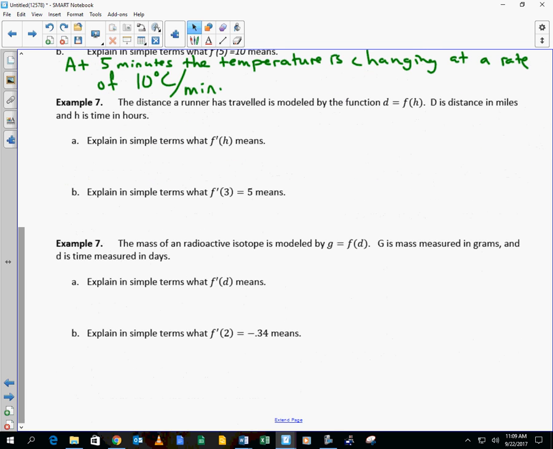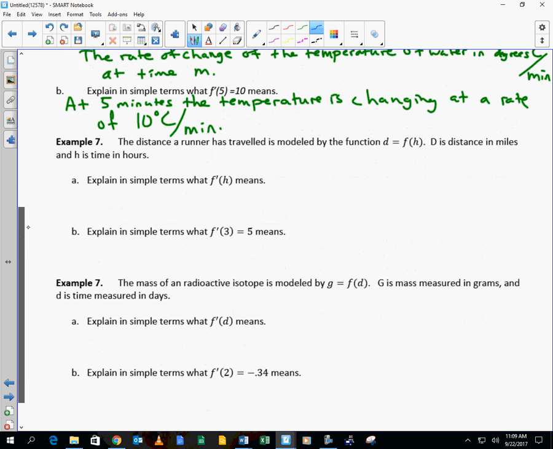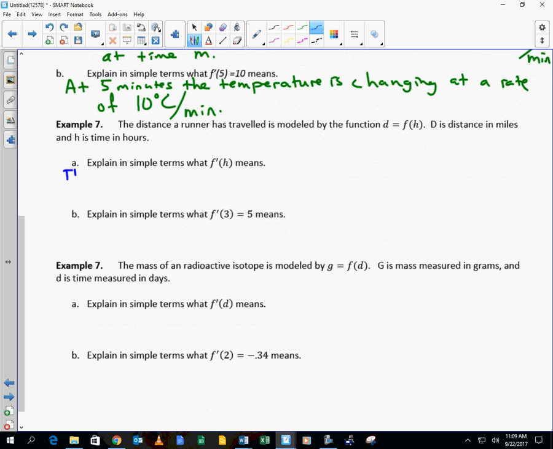Distance a runner traveled is modeled by D equals F of H. D is distance in miles, H is time in hours. Explain what F prime of H means. The rate of change of what?